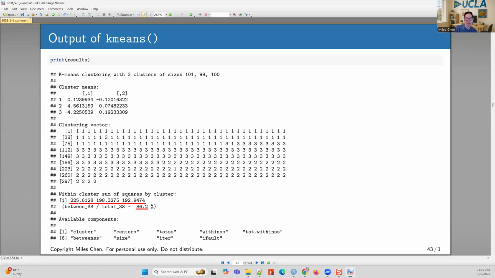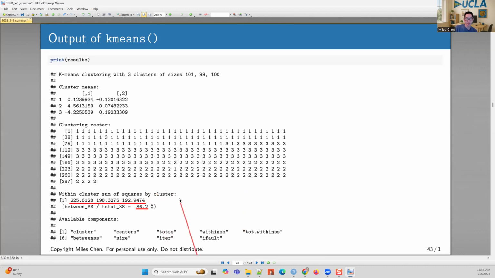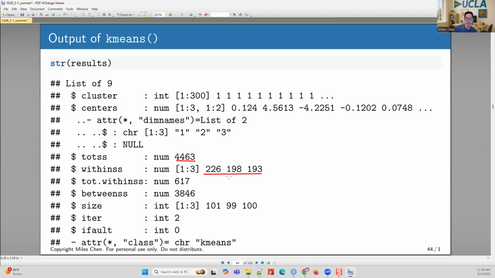And you can find all of these sums of squares directly as components within the output of k-means. If you look at this, our total sum of squares is 4463. And then the within sum of squares, we have 226, 198, 193. Here you get the not rounded off values.